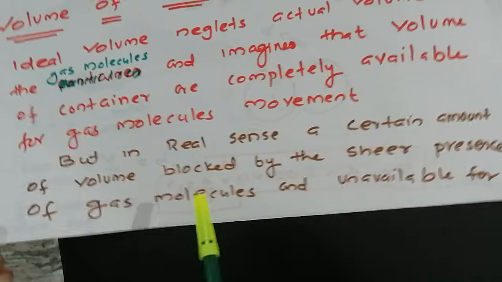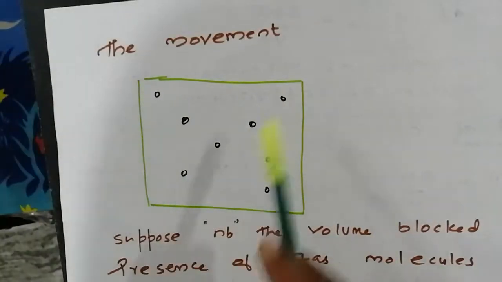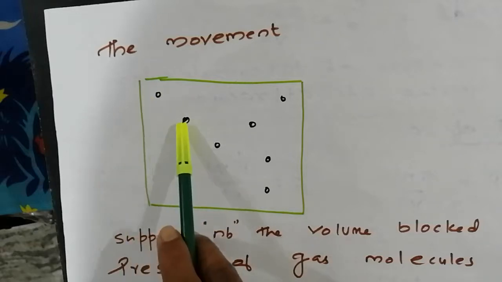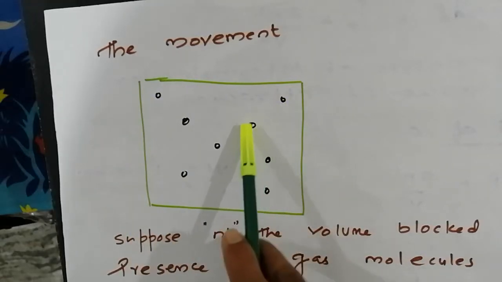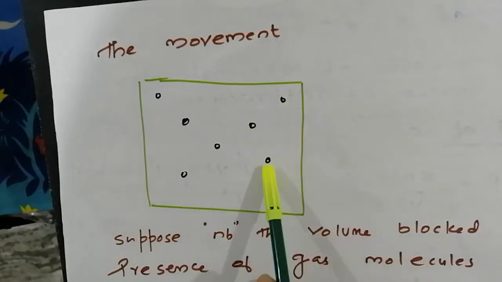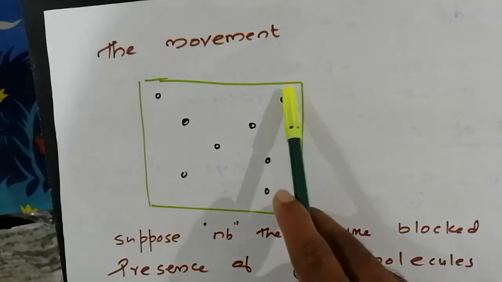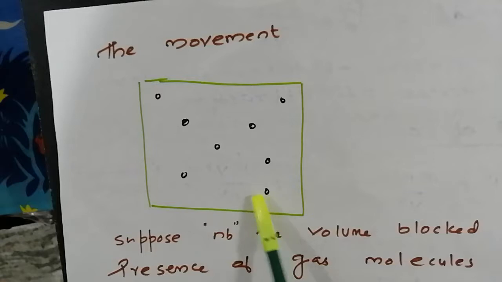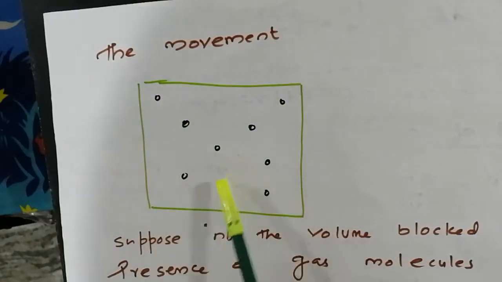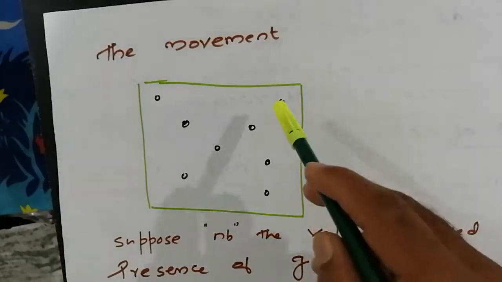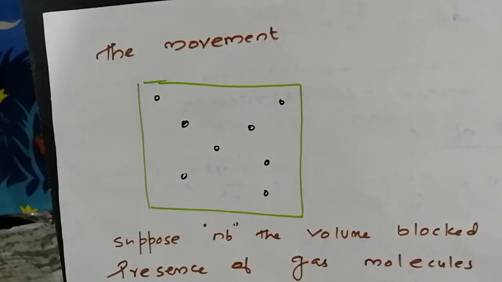Look here, in this container, it's a gas molecule, it's a gas molecule. This gas molecule cannot go through this volume, it cannot go through these volumes. Therefore, a certain amount of volume is blocked for this gas molecule.